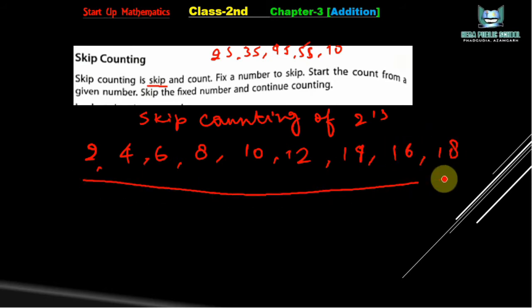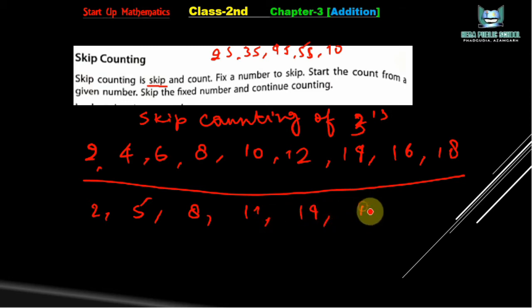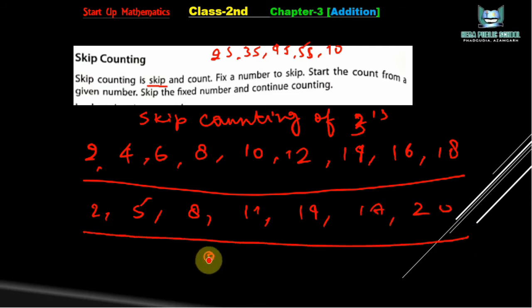This is skip counting in 2s. If we say skip counting in 3s, then 2, 5, 8, 11, 14, 17, 20. This is the skip counting in 3s.